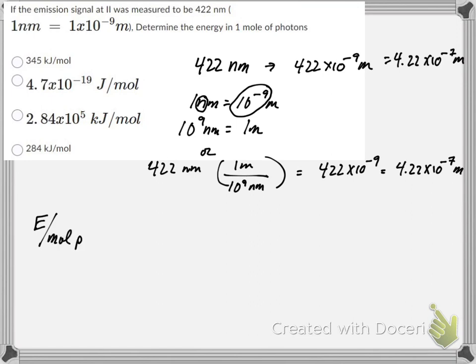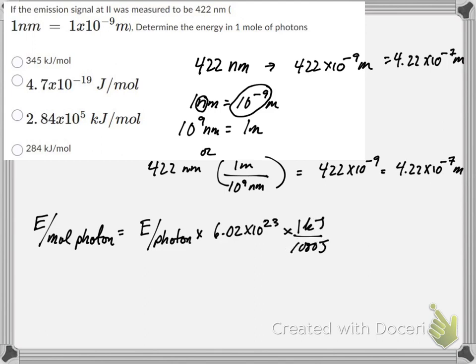Okay, so let's get the energy for a mole of photons. Well, that's just going to be the energy per photon times Avogadro's number, divided by 1,000 to get into kilojoules, because the energy per photon is in joules. So what we have to do is get it into kilojoules. That's what's requested.